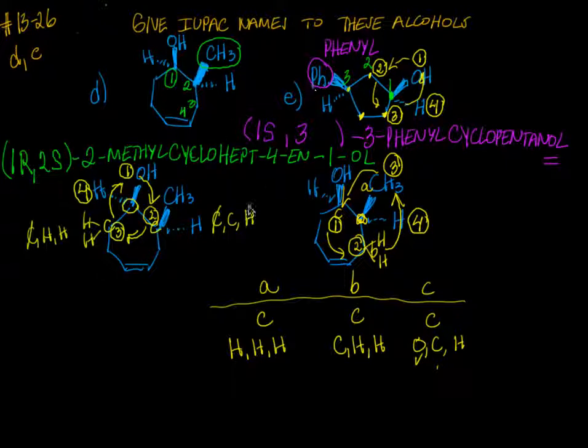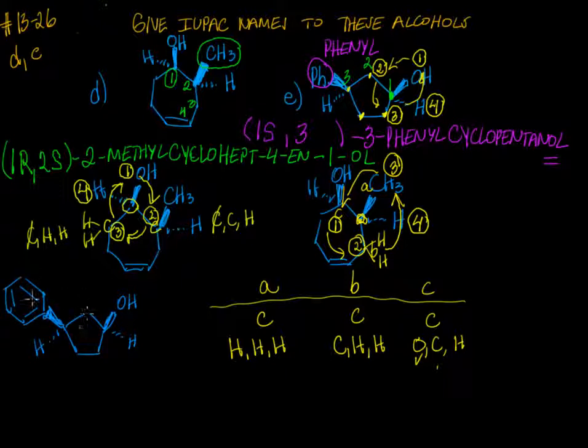The diagram's getting really cluttered, so let's draw it down here and figure out what the configuration is at that other carbon. So we've got the phenyl ring. And I'm going to draw this out so we can take a look at the situation with the ties and the carbon atoms, and say which one has priority.